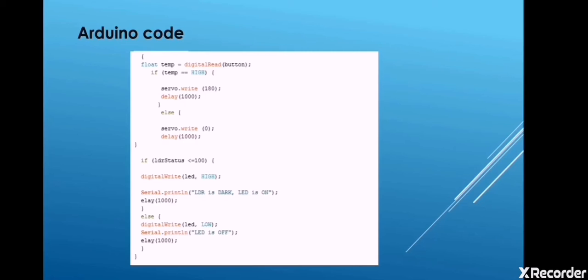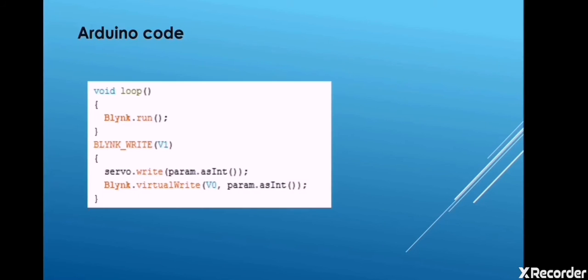Here I set that if the button pin is pressed, the servo will move to a certain degree, or if not, it will go back to its initial position. And for the LDR status, if it is less than 100, the LED will turn on, and if it is greater than 100, the LED will turn off.